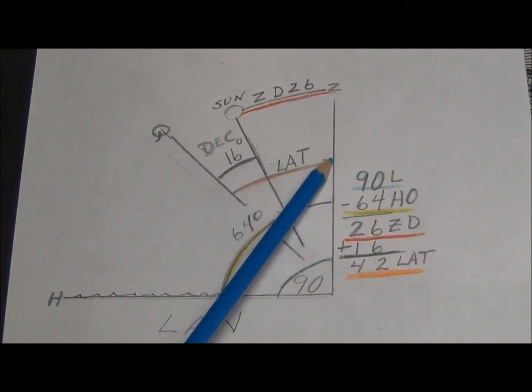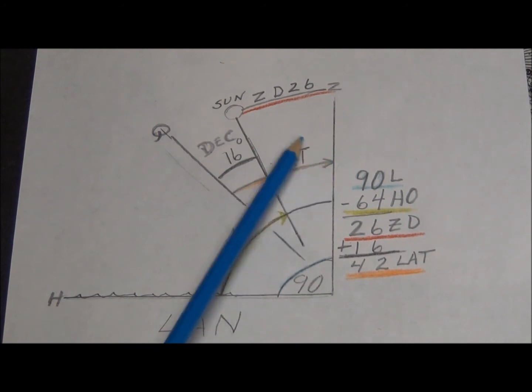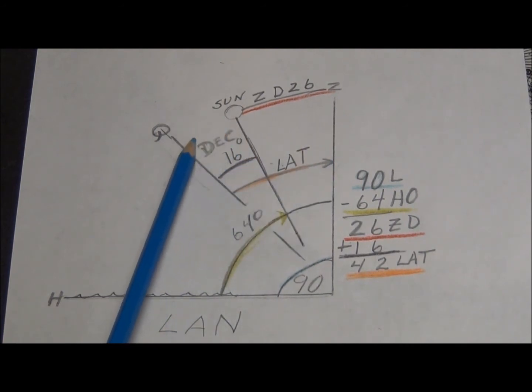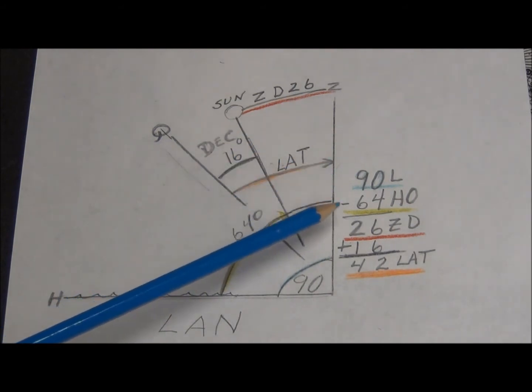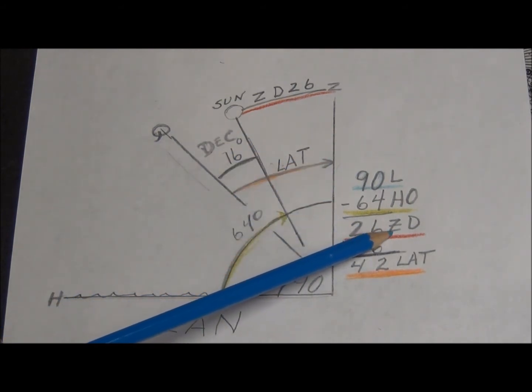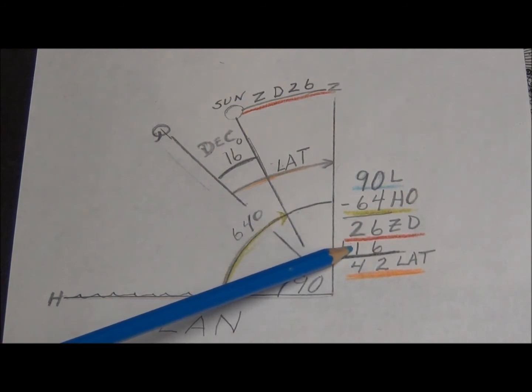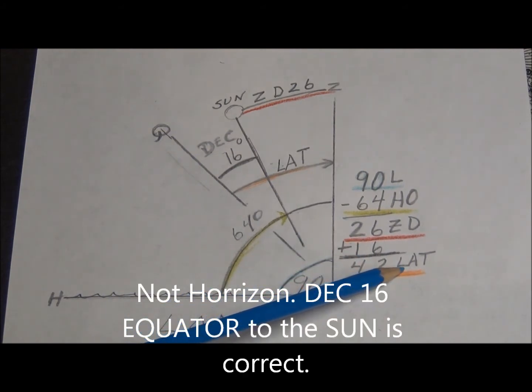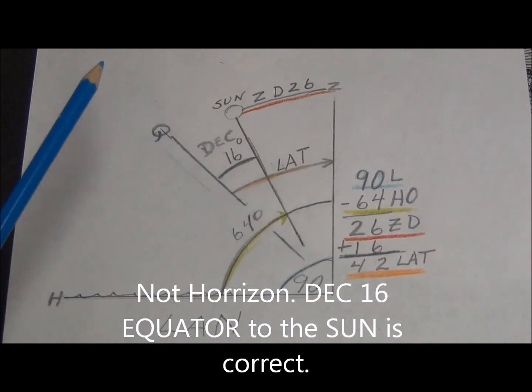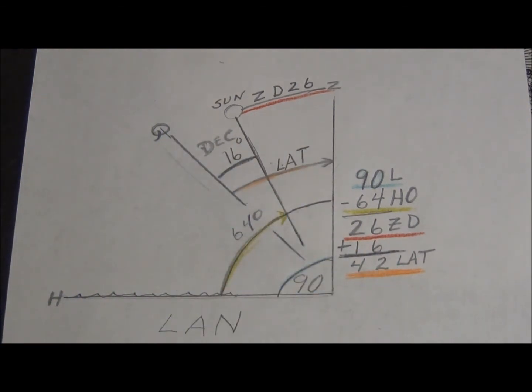So by adding from over your head to the sun, then from the equator to the sun, the declination, adding them together, 26 for zenith distance and 16, you end up with 42, and that's your latitude. So it becomes a simple problem, and it can be worked in any month, any day of the year.